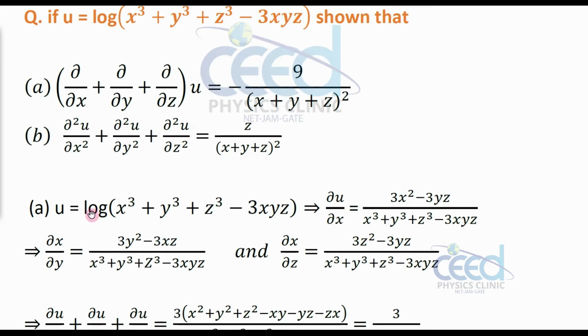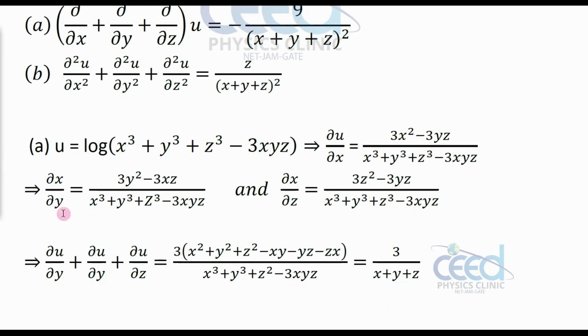Now you can do dou u by dou y: 1 by this expression, into, with respect to y, x cube and z cube are constants, so y cube gives 3y square minus, with respect to y, 3xz. And similarly we can find dou u by dou z also.